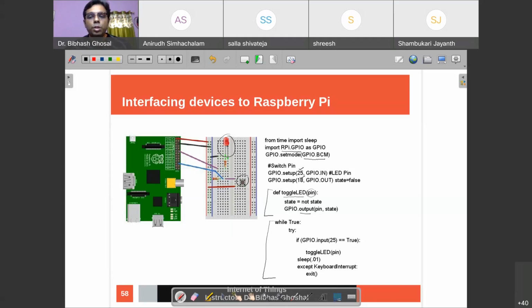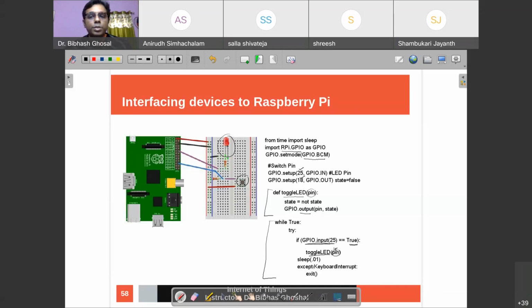This is the execution. Here I see that if the input pin, pin number 25, is true, that is, it is 1, I will call the toggle function and pass the pin value, which is 25, to it. And what it will get is the LED value, which is 18.